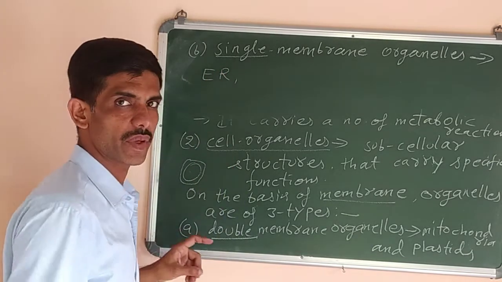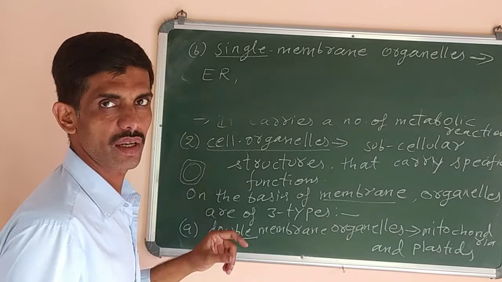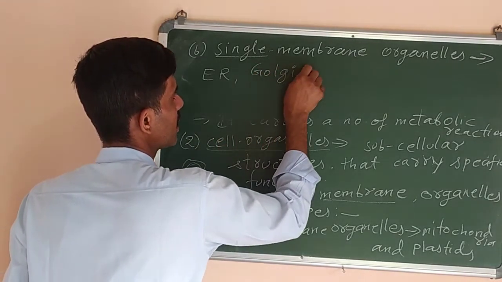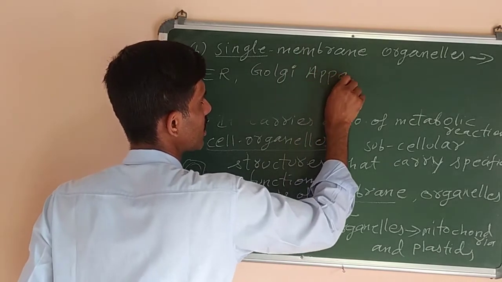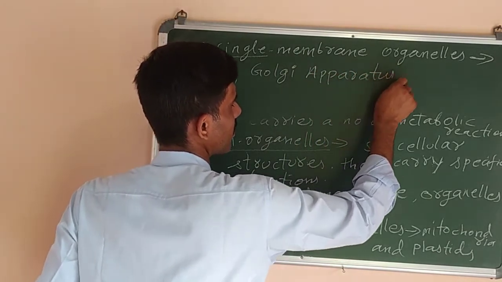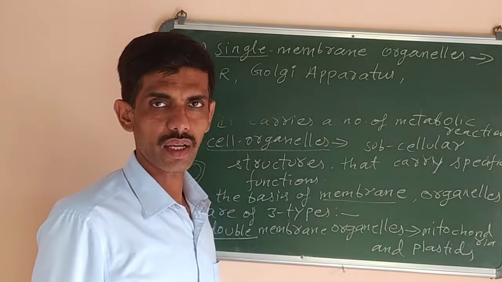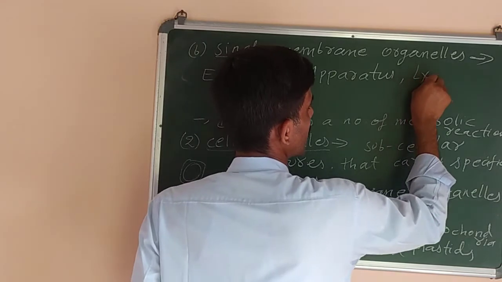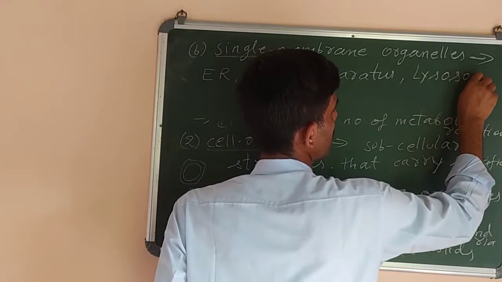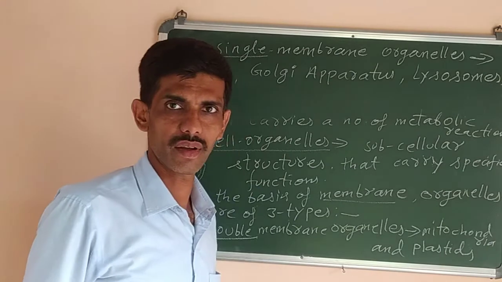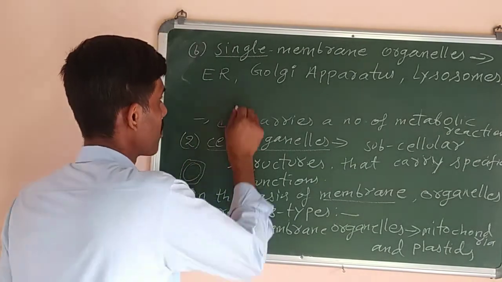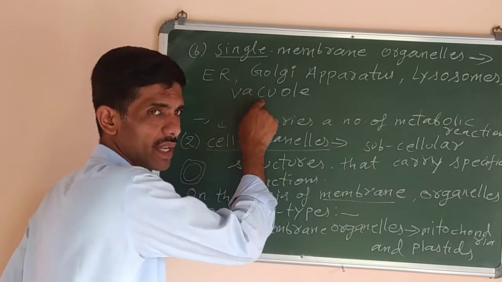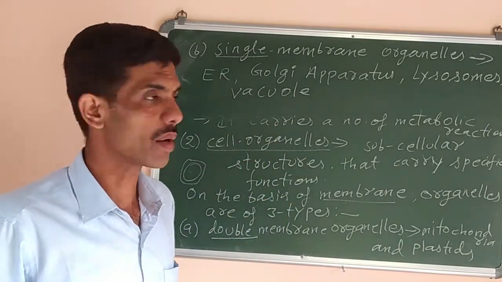You know what is the full form of ER? Endoplasmic reticulum. Then we have Golgi apparatus, or Golgi body also it is called. It also has a single membrane. Then we have lysosomes, the ones which are called suicidal bags of the cell. They also contain a single membrane or covering around them, and the vacuoles which are found in the plant cell, they are also single membrane.